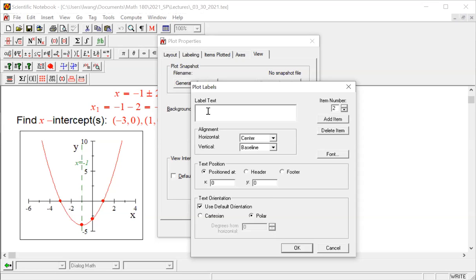Here we're going to mark the (-1, -4). That's our vertex.